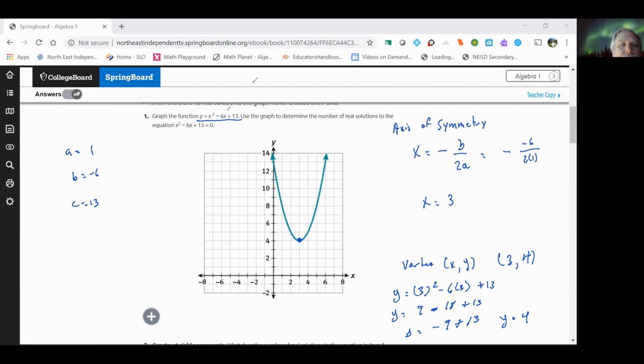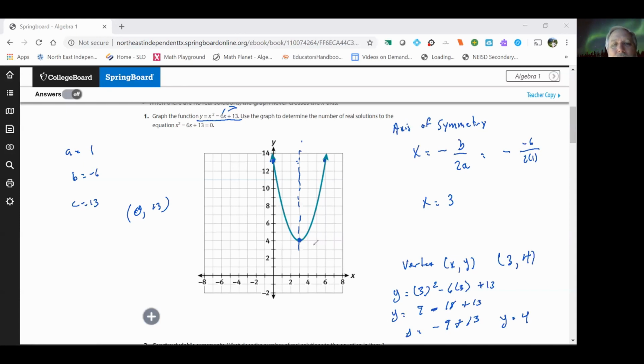If I plug in 0 for x, the y is going to be 13. I do that on purpose, because now that tells me my y-intercept is 13, and that's right there. And I know that if this is my axis of symmetry, if I'm going over from 3 to 0 and getting that there, I'm going to do the same thing here. And now I can go ahead and draw my graph.